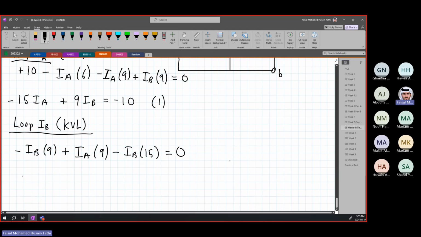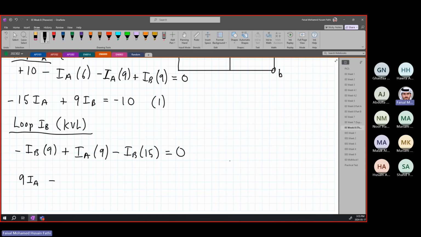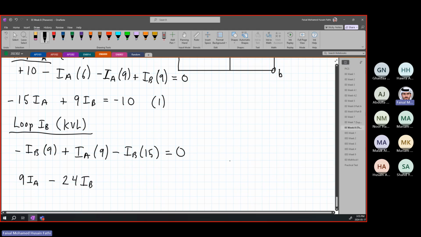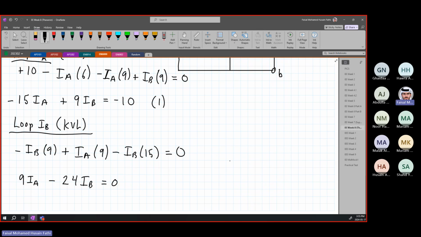Rearranging, it's 9 IA minus 15 minus 9, that's minus 24 IB equals 0. Get the calculator. This is our equation 2.